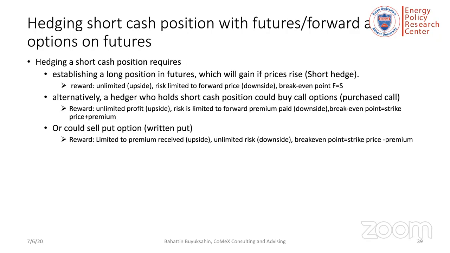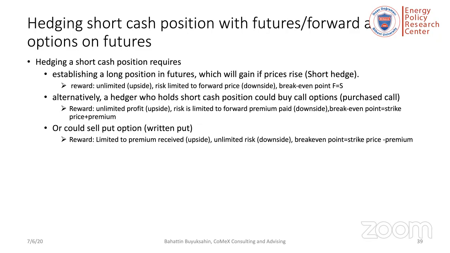And alternatively, a hedger who holds a short position could buy a call option. Again, in this case, reward is unlimited profit in the upside. Risk is limited to the premium paid. You just pay the premium, and then if you don't exercise, all you lose is the premium paid. And the break-even point here is the strike price plus the premium.